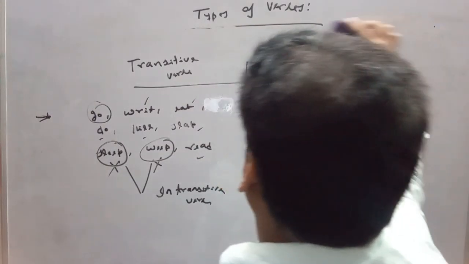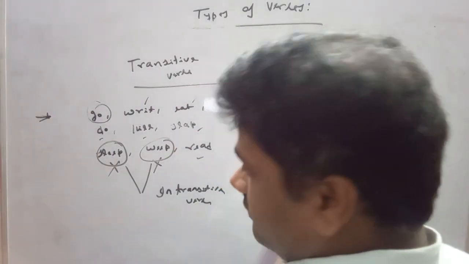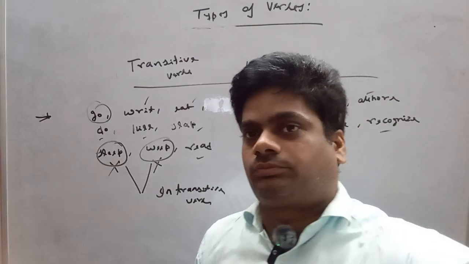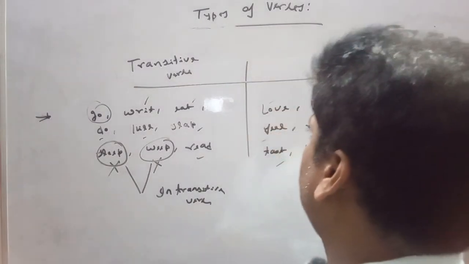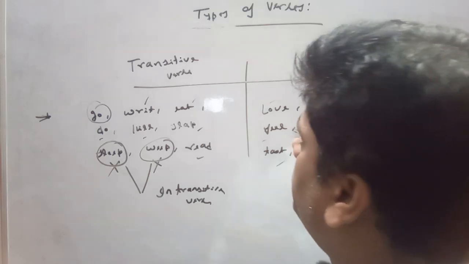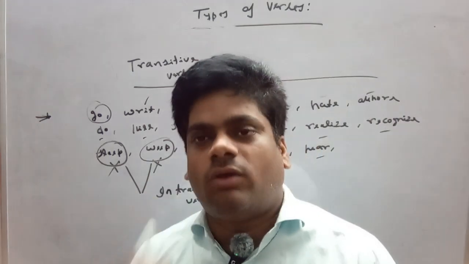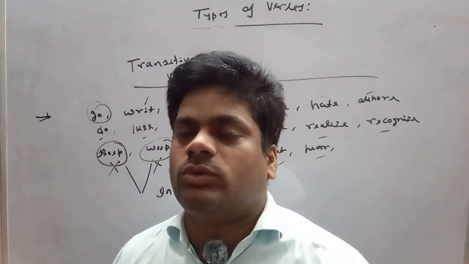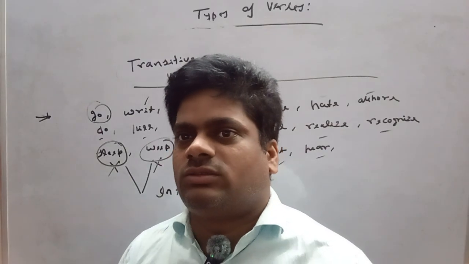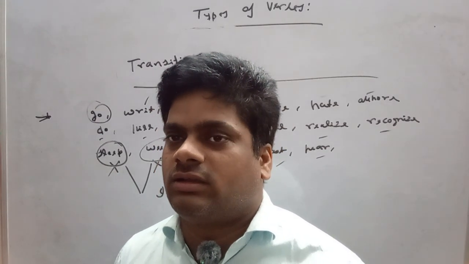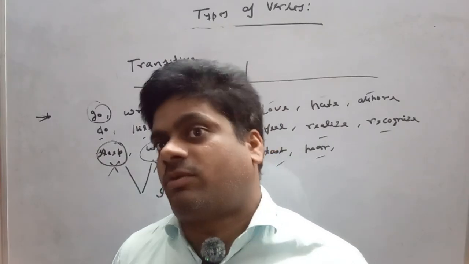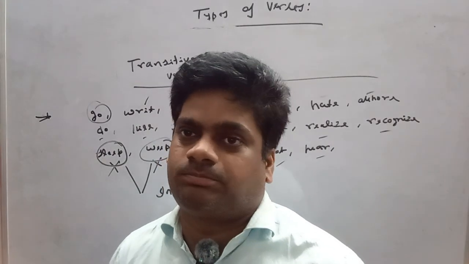Now the question is how to identify a transitive verb in a sentence. Now we can tell you the simplest way to identify whether a verb in a sentence is a transitive verb or an intransitive verb in English.